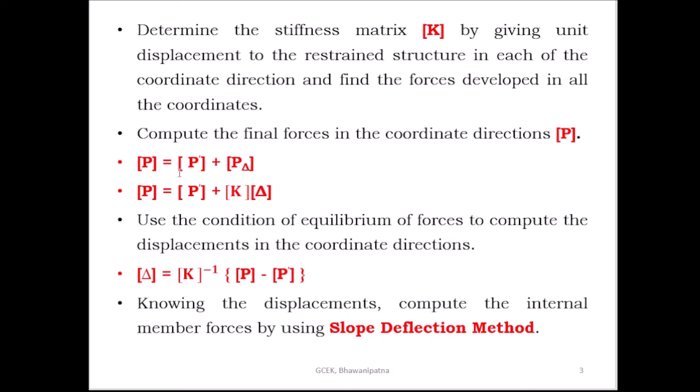Then by using the stiffness equation, P is equal to P dash plus P delta, then P is equal to P dash plus K into delta, where K is the stiffness matrix and delta is the displacement matrix and P is the force matrix. Then by using the condition of equilibrium of forces to compute the displacements in the coordinate directions, delta is equal to K inverse into P minus P dash.